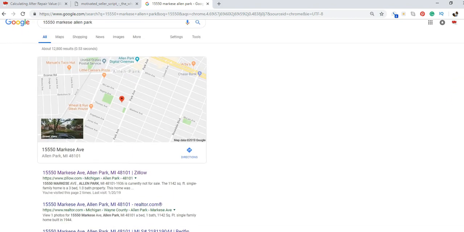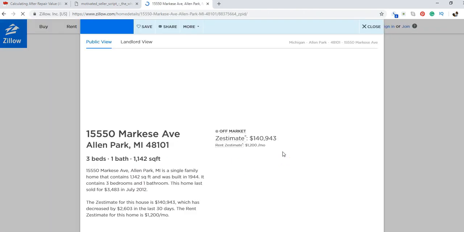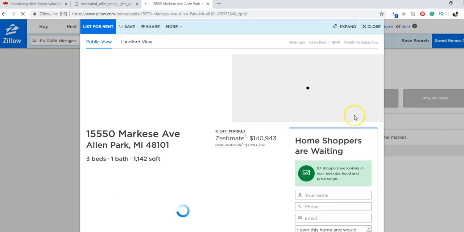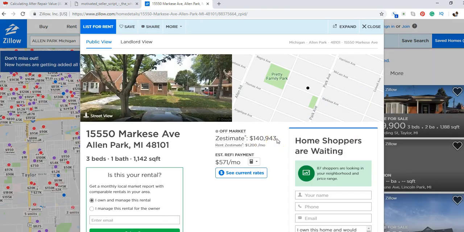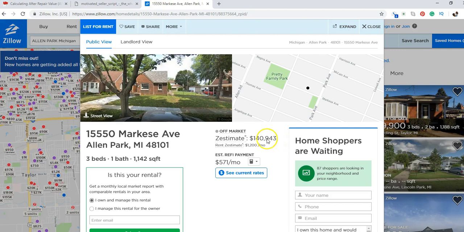And really you can click on any of these. Let's go to Zillow, which I've already done. You can see that Zillow gives its estimate on the property at almost $141,000. It's a 3-bedroom, 1-bath property in Allen Park, Michigan.